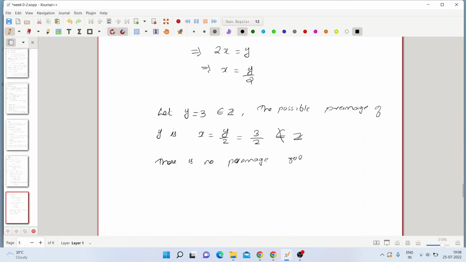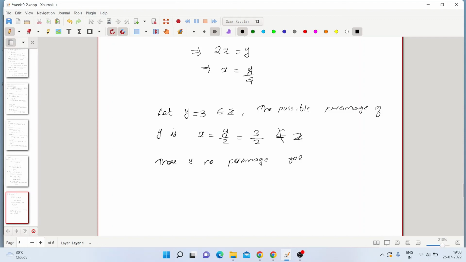Such a condition is satisfied. So f is an onto map. So here we have one example which is not a one-to-one map, but it is an onto map. So this is about the functions.